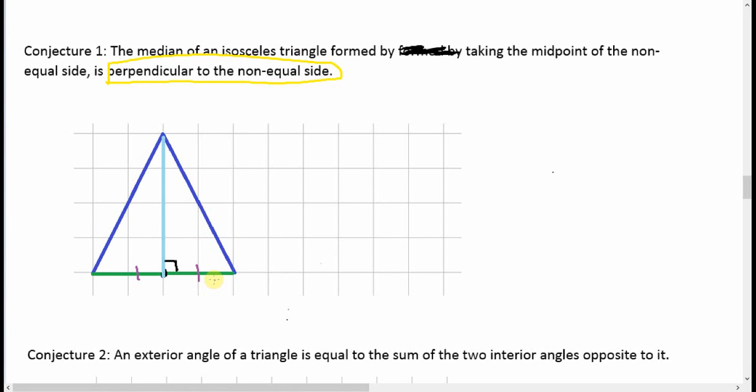So if we think about it, isosceles triangles have these angles in here that are equal. And then we have one more angle up here. Let's call it B. So we did A and A because they're equal, and now we have an angle B. We know that the sum of the interior angles is equal to 180.